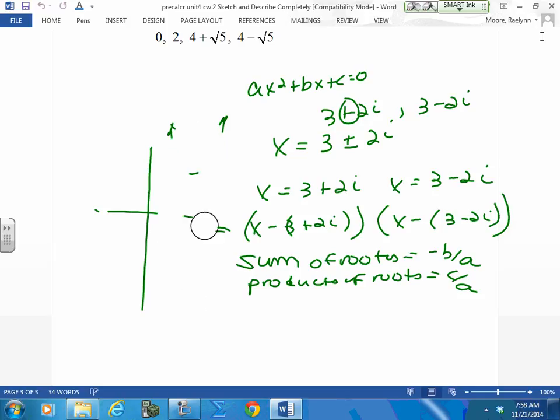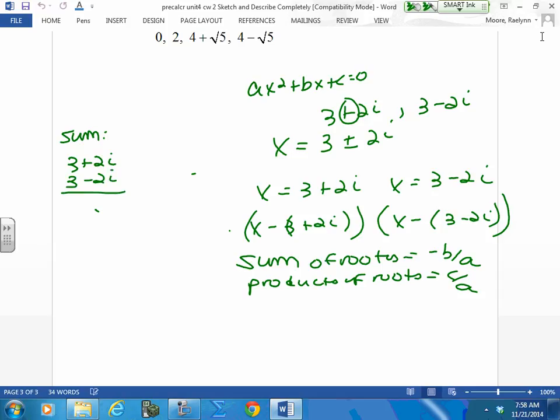So we're going to take these two factors. Now write these down, guys. Here's your sum. 3 plus 2i, 3 minus 2i. You can even do this on your calculator. What happens to the 2i's? Cancel. So your sum is equal to 6. This is important. Your formula is equal to -b over a. So let's put this over 1.